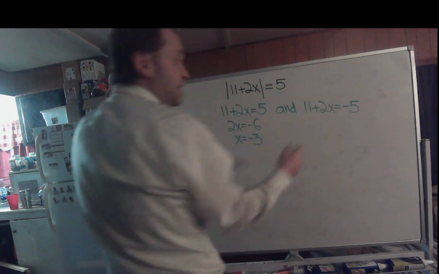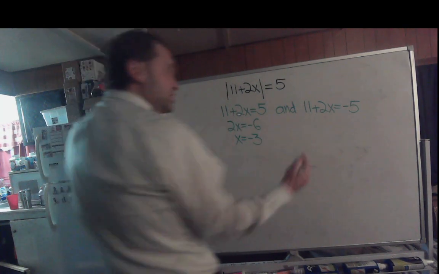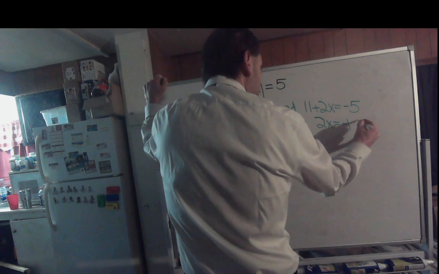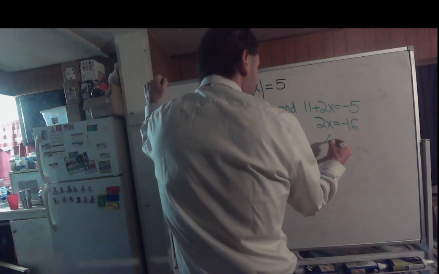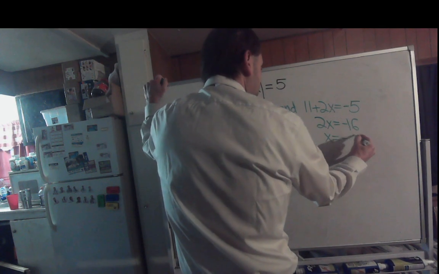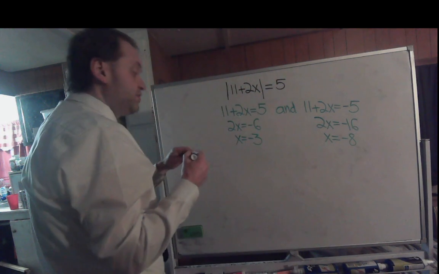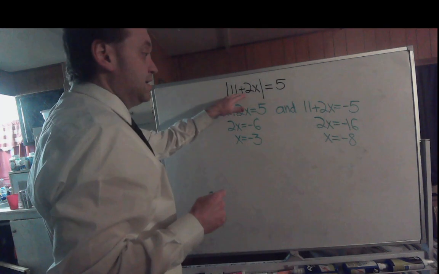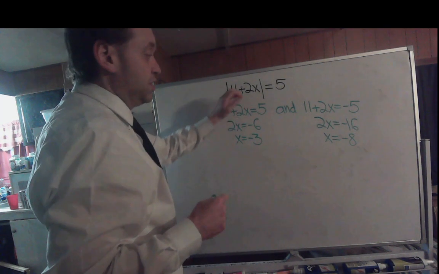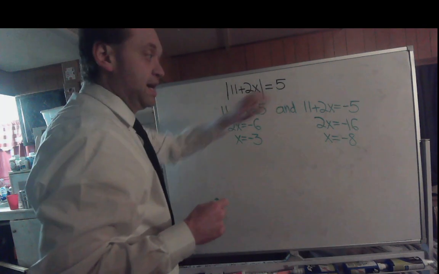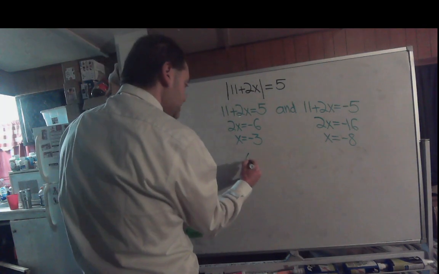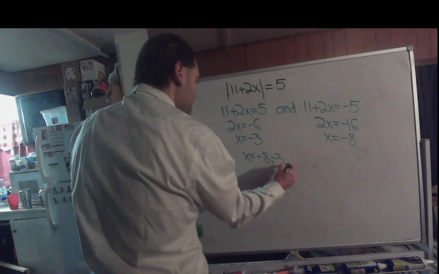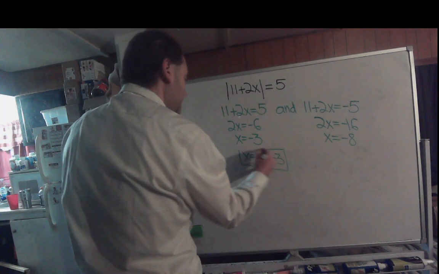Get the 2x by itself, so subtract 11 from both sides. You would get that 2x equals negative 16, which would end up giving you that x equals negative 8. And I guarantee you, if you stuck in each of these solutions, you would end up getting, in fact, that both of those would actually equal 5. So your solutions here are x equals negative 8 and negative 3. Those are the solutions for x.